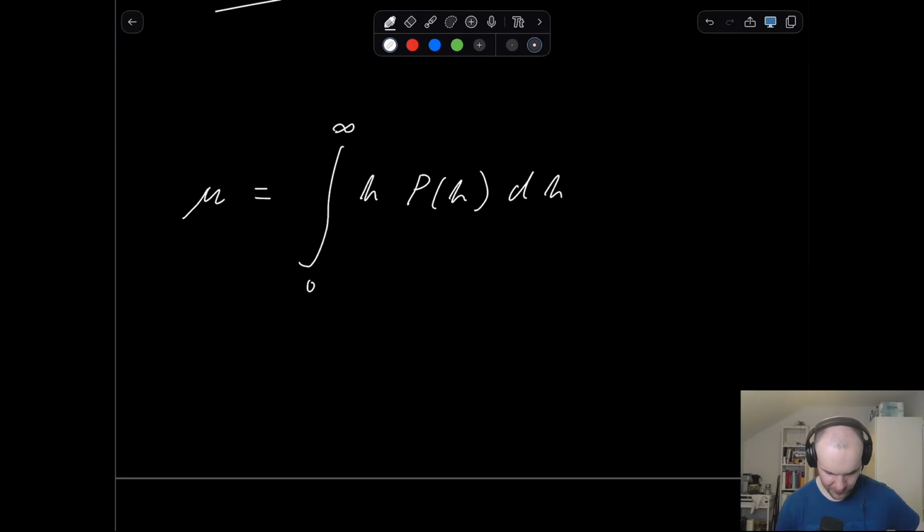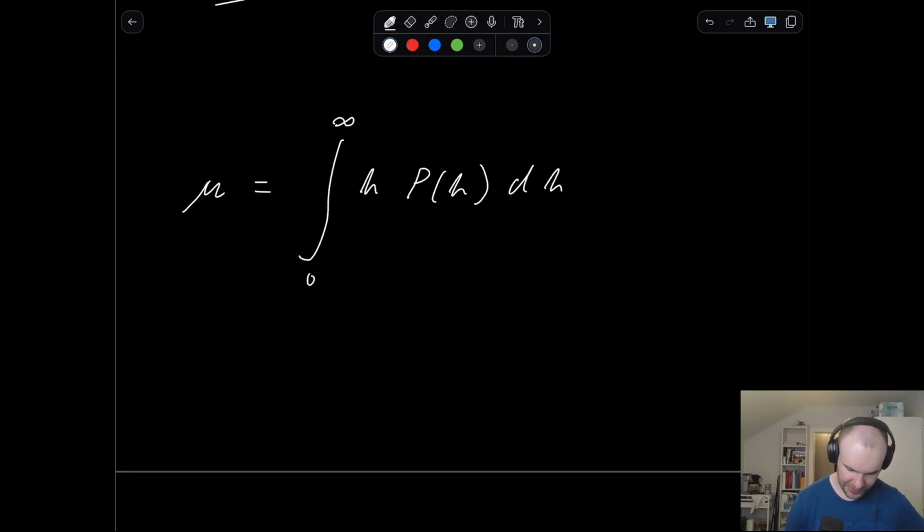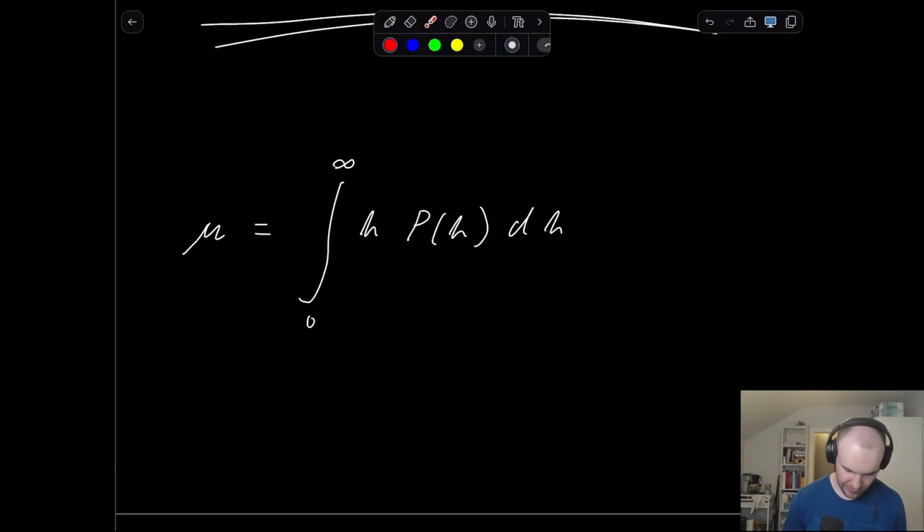Okay, so what does this represent and why? Instead of finding the mean like we did, what we're doing here now is weighting each value. So I look at some height, and then I weight it with how likely that value is.